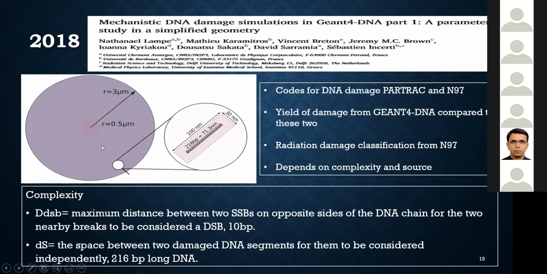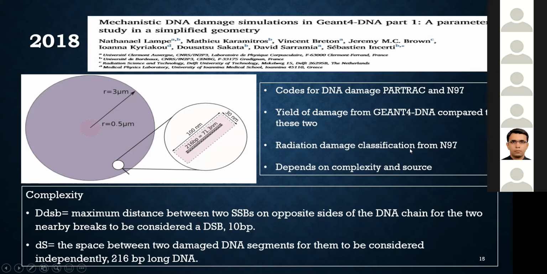So we must know that the other codes do not simulate exactly the same geometry, but what we are comparing, what we want to make close, is the radiation damage classification.